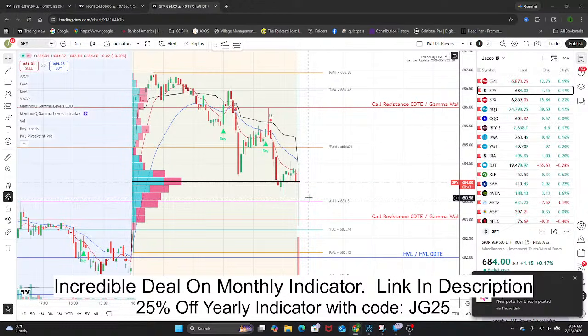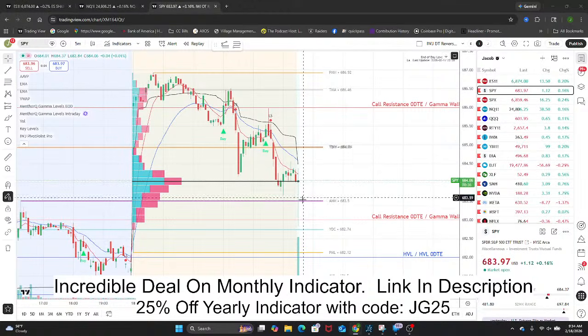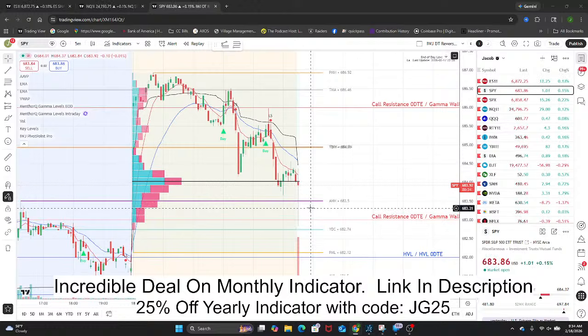Certainly looks like the bulls want to try to push here. They absorbed all of this selling down into support and then took it right back to the open. So we're going to see if they can hold on. It's a wild first candle.